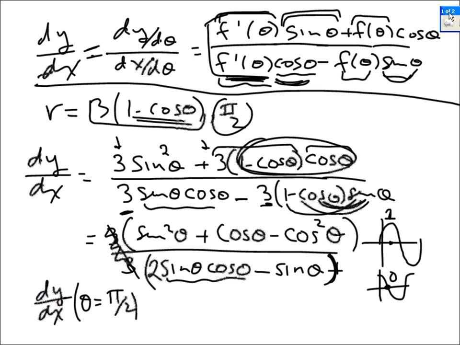Cosine is 0. That means this is 0, this is 0, and that product in the bottom is 0. So in the top, all that survived was 1 squared, or 1. In the bottom, all that survived is negative 1. My answer, unless I made a silly mistake, is negative 1.